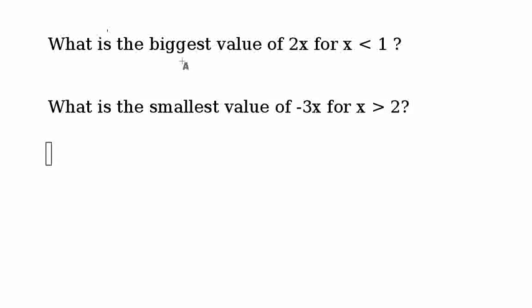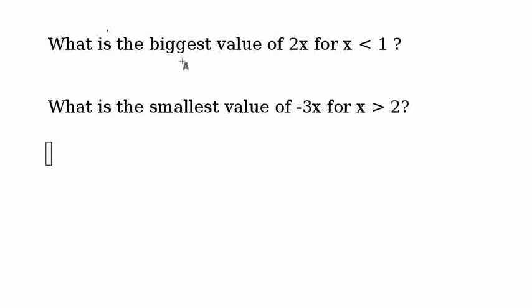Once again, plug in x equals 5, x equals 3, x equals 2.1, and you'll get a couple of values for -3x. Can you tell me which x value will give you the absolute smallest out of all the infinite number of x values that are bigger than 2? Once again, you won't be able to.